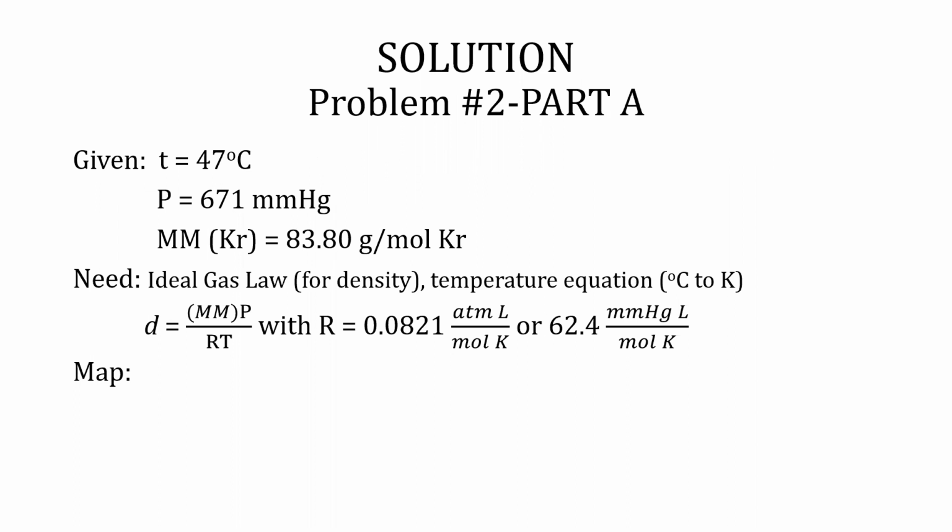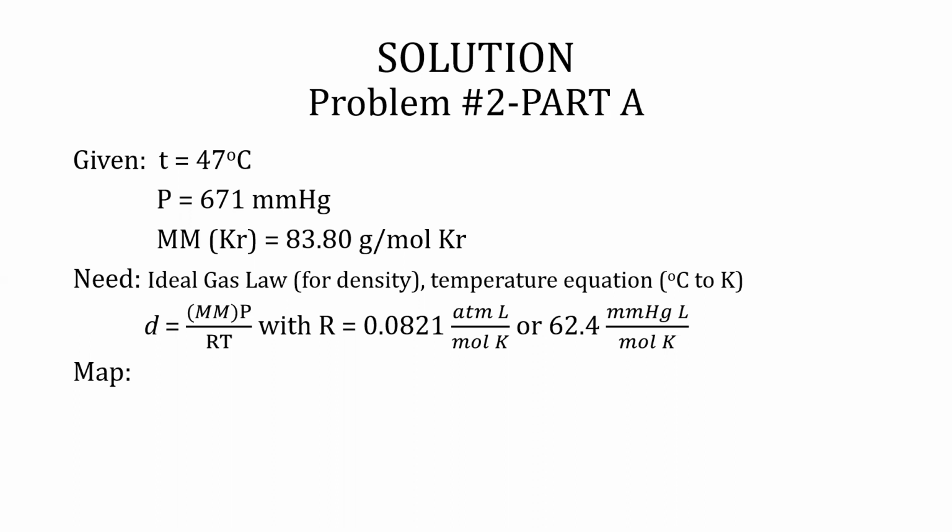One needs the ideal gas law equation for density, where D equals MM times P divided by RT, where R equals 0.0821 atm·L per mole·K, or 62.4 mmHg·L per mole·K, and the temperature equation converting Celsius to Kelvin.